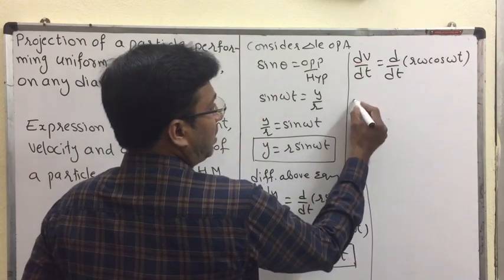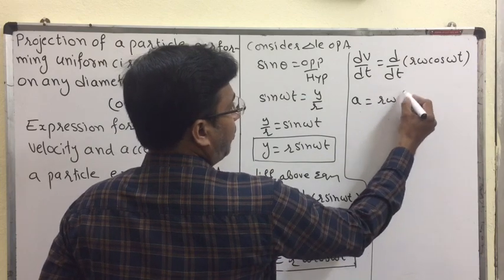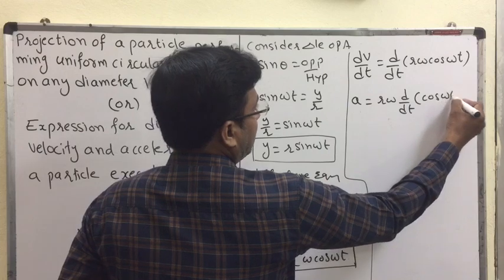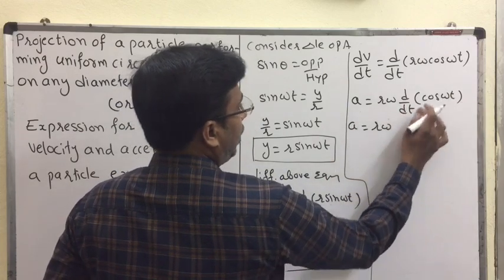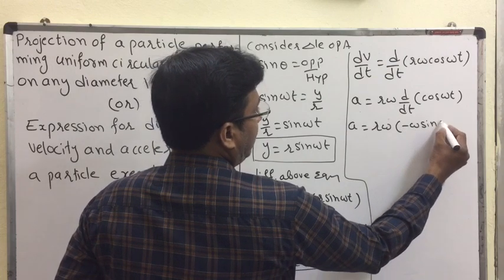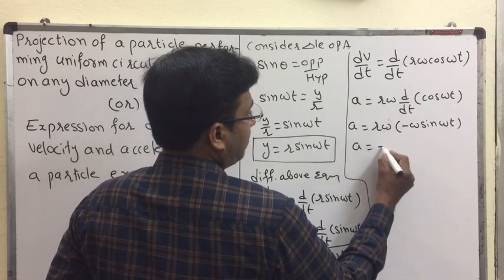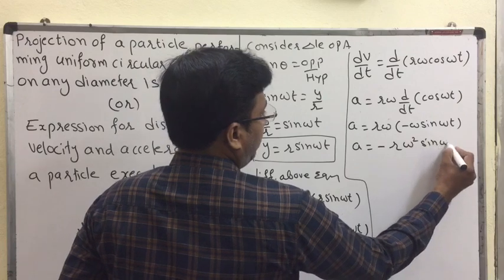Velocity by time is nothing but acceleration a. Here r omega is constant, so I am writing it before differentiation, that is r omega d by dt of cos omega t. So a is equal to r omega into minus omega sin omega t. Minus into minus gives plus, so a is equal to minus r omega square sin omega t.